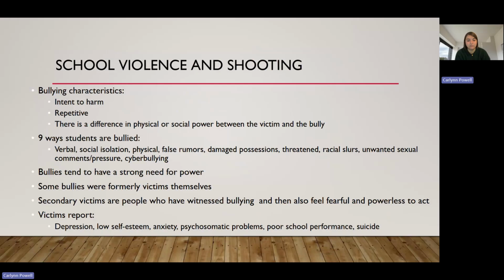You're going to develop some really significant mental health issues. And you're going to start thinking about how am I going to get out of this situation? And if you don't have a good support system, things like suicide and self-harm, unfortunately, tend to be a reality for a lot of kids that are bullied.